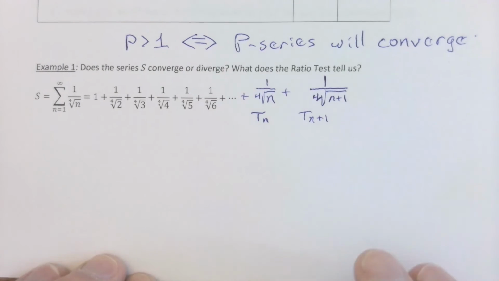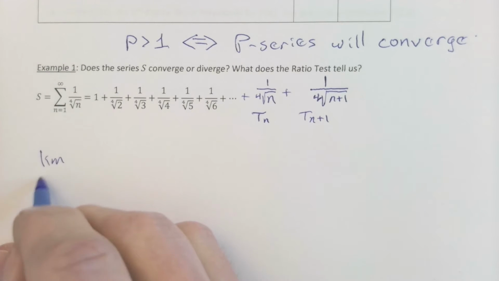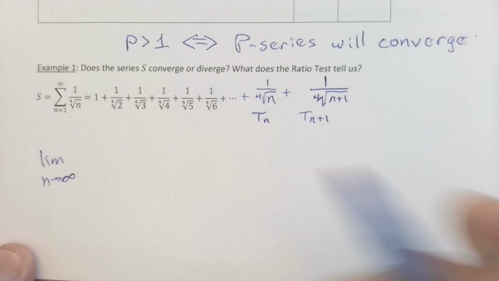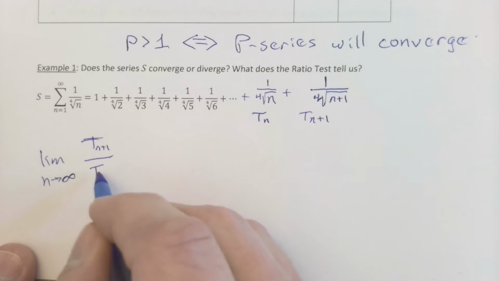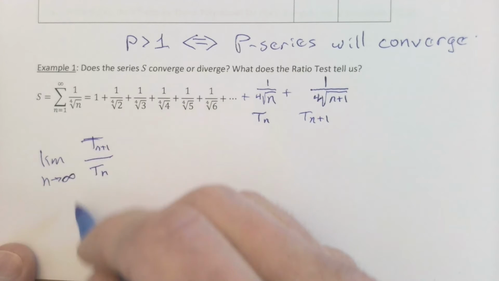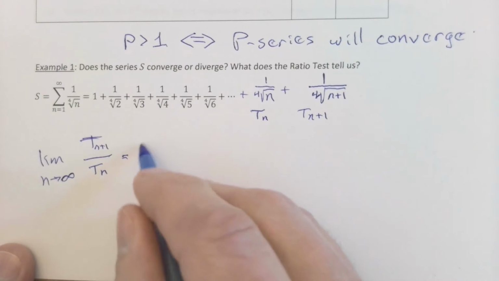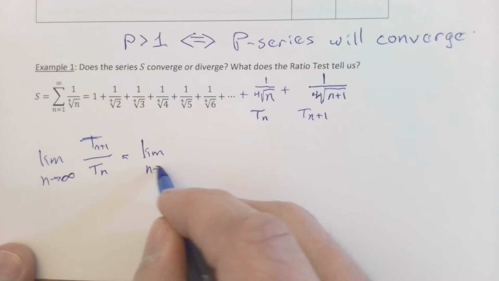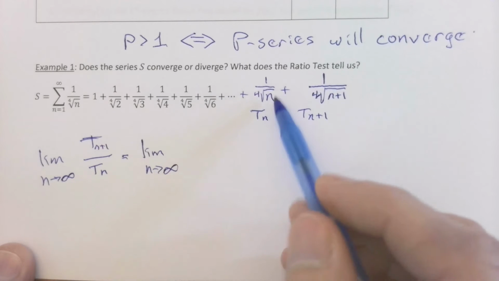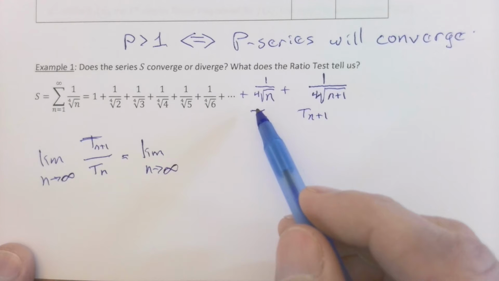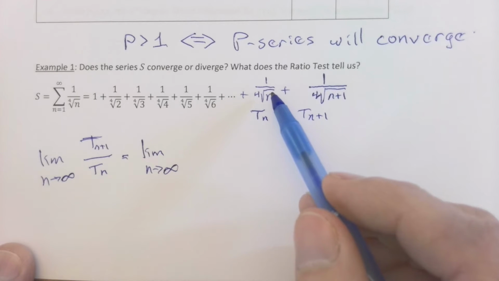And in the ratio test, we're just going to divide those and take the limit as n goes to infinity. So we take the limit as n goes to infinity of the n plus first term over the nth term, and technically you should have absolute values around this, but everything here is positive, so it's not going to make a difference. So this is the limit as n goes to infinity of this divided by that. Well, when you divide a fraction by a fraction, the dividing fraction ends up looking inverted.